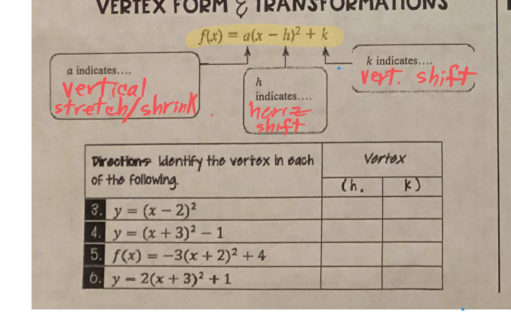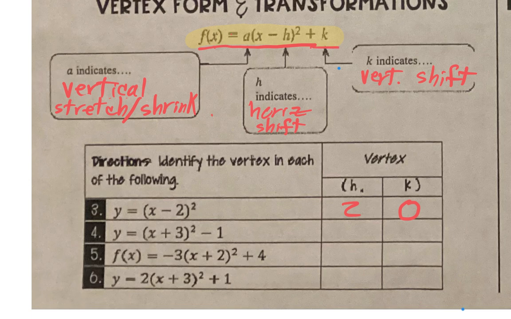So I know my k is 0. I'll just find that first. Does not really matter the order. X minus, what am I subtracting? X minus, so my h is a 2. Using the formula that we had up here, I'm looking for that h. I'm looking for that k.